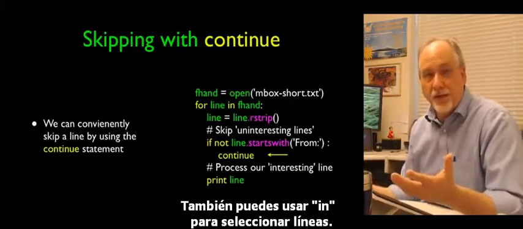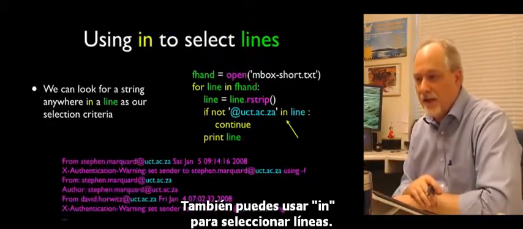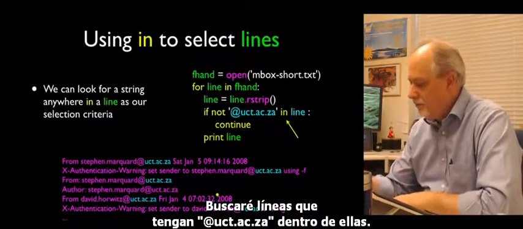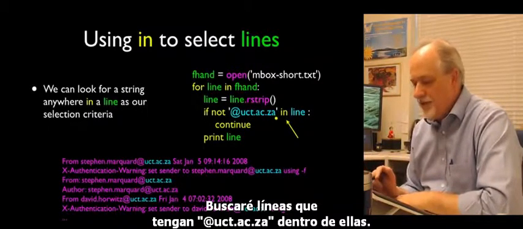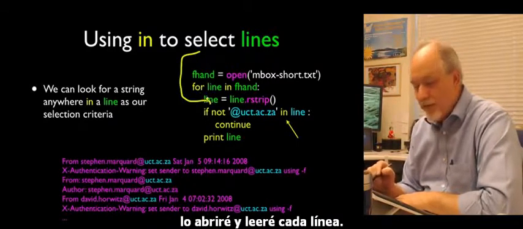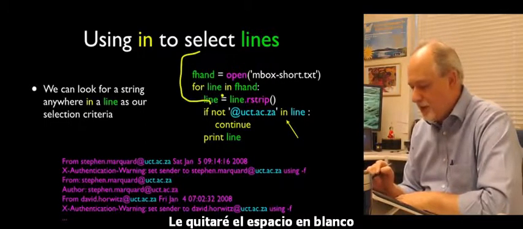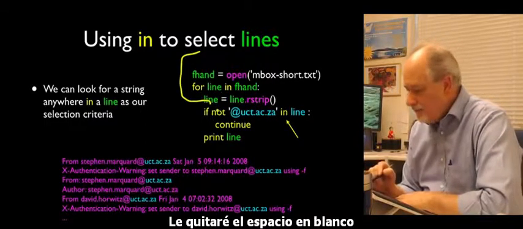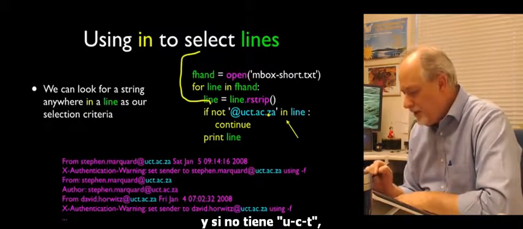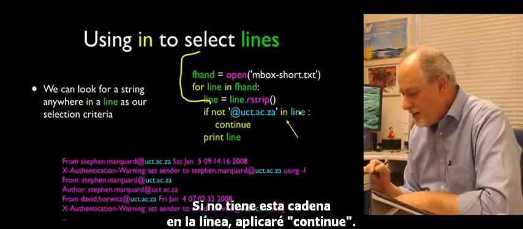You can also use things like in to select lines, right? So I'm going to look for lines that have at uct.ac.za in them. So again, I'm going to open it up, go through each line in the file. I'm going to strip the white space out, and if this string is not in line, then I'm going to continue.